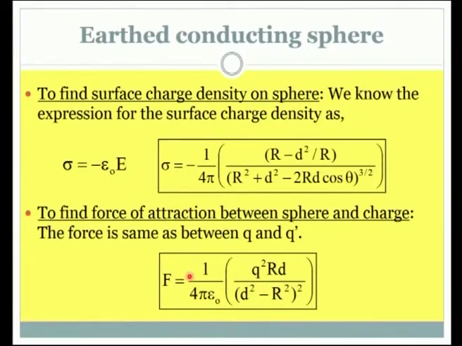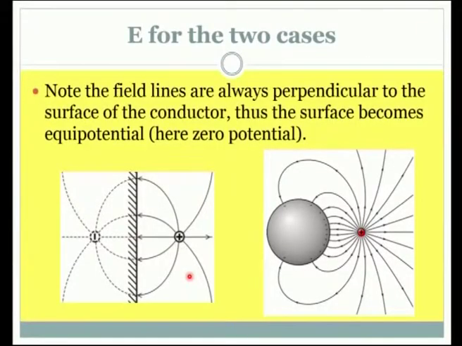Now, what about the electric field, how it would appear, which I have already promised you, right, how the electric field would exist. In the case of a sheet, we had an end cap that represents the direction of the electric field. Because we have learnt the two cases like earthed sheet and also the earthed sphere, we can have a look at the electric field for both of them in this diagram.